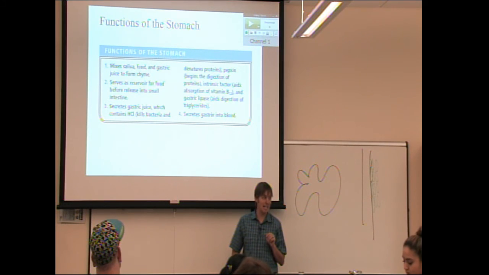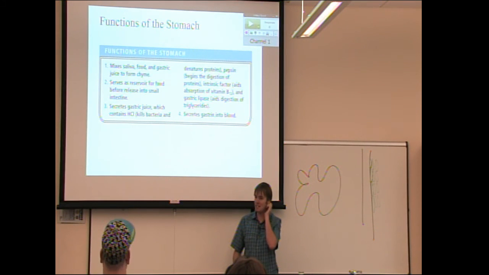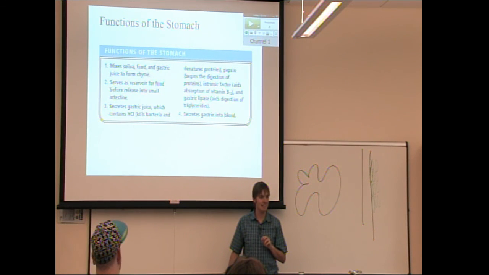Interesting fact, a python's pH is below 1 after they eat, because they just swallow a whole thing. So they can digest bones from the super low pH. The only thing they can't digest, you know what it is? It's hair.